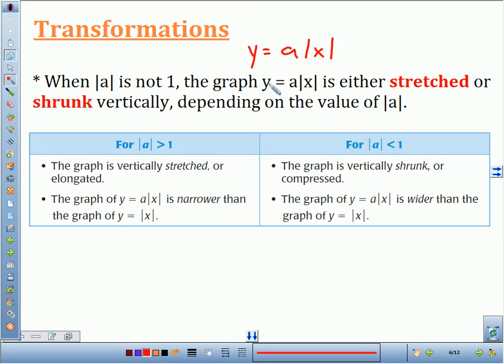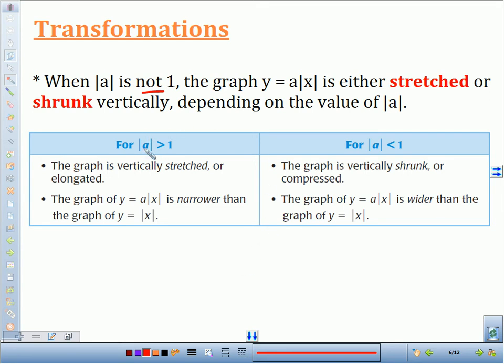We look at the absolute value of a. So whatever a is, if it's negative, we make it positive, so on and so forth. If the absolute value of a is not 1, the graph of y equals a times the absolute value of x is either stretched or shrunk vertically, depending on the value of the absolute value of a.